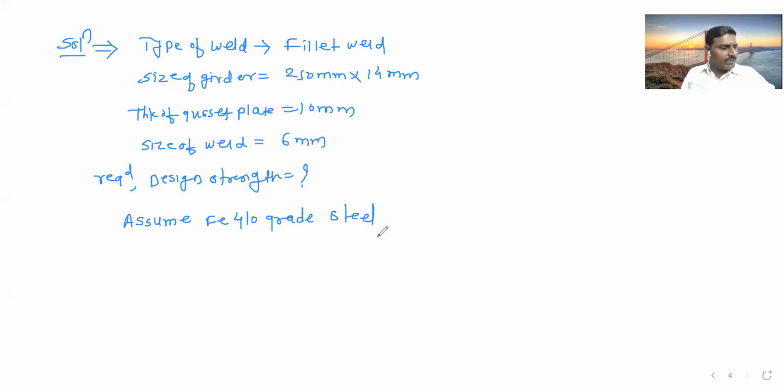For the Fe410 grade steel, Fy is equal to how much and Fu is equal to how much? Fy 250 MPa and Fu is 410 Newton per mm square.